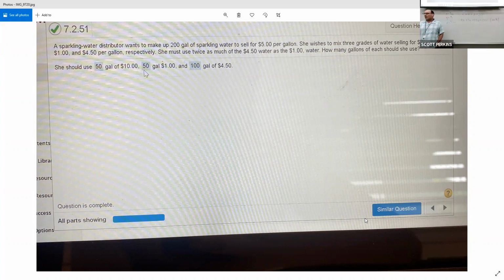If I'm using twice as much of the $4.50 as the $1, that means which one am I using more of? I'm using more of the $4.50, twice as much of the $4.50. So here's the relationship.